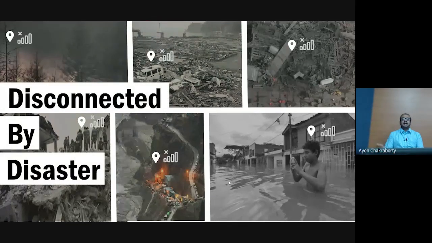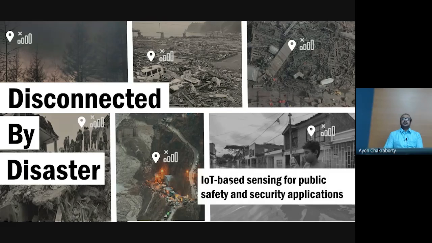So in those cases you might also have to integrate such solutions with indoor location technologies, right. So what I say is disconnected by disaster, where just because you do not have access to the location of the victims or a person, his life is in danger, right. And there are IoT solutions that could be employed in such cases for sensing, right. You are trying to do location sensing using IoT based systems, right. We are going to look at many use cases.